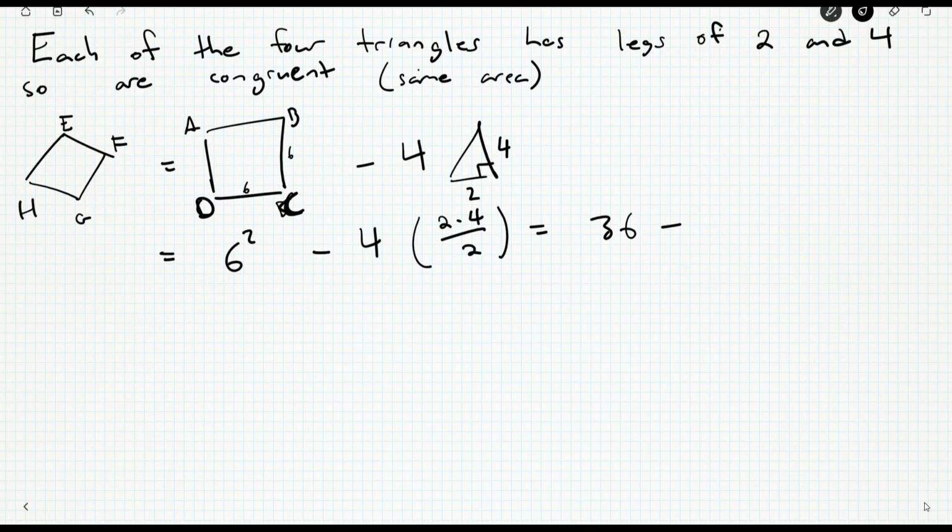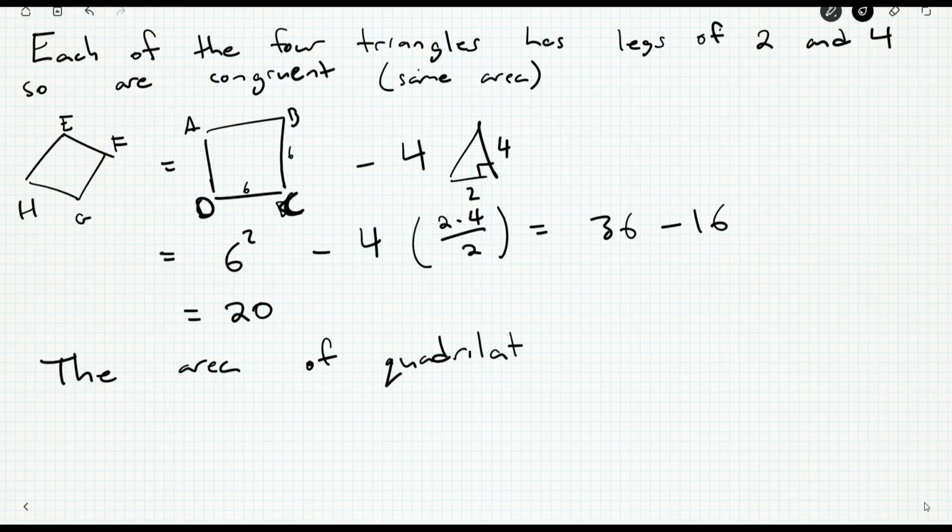That's 36 minus 16, 20. We don't know it's a square. We haven't justified that. So we might say the area of quadrilateral EFGH is 20.